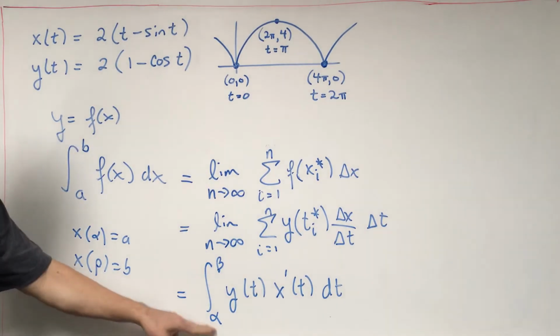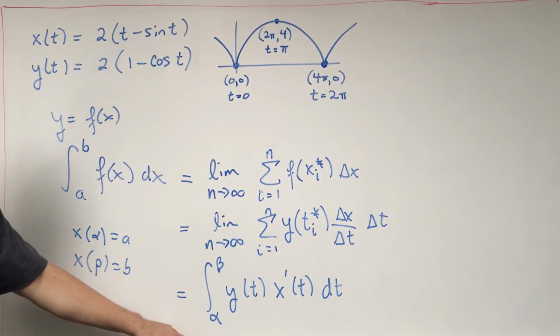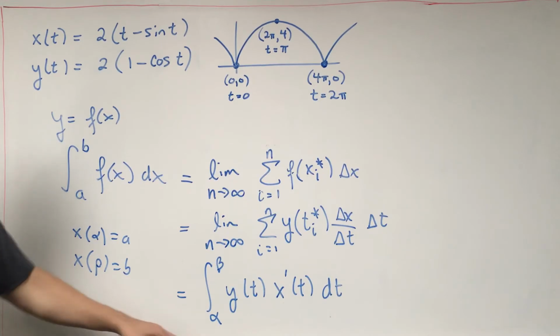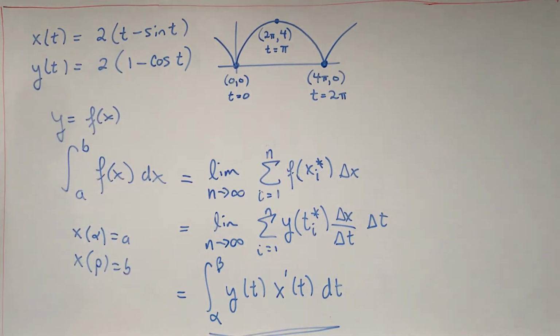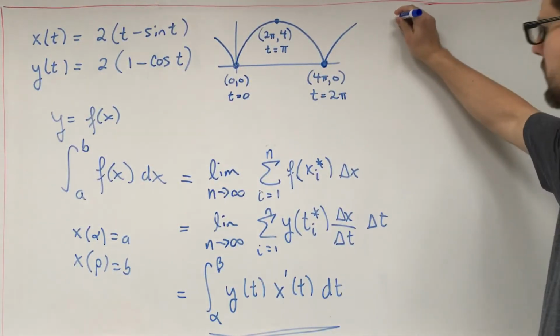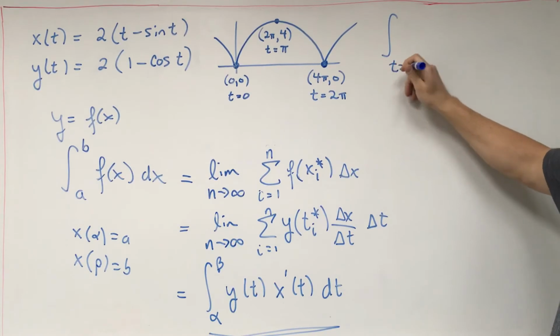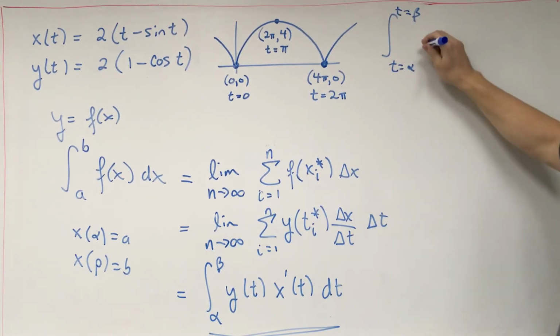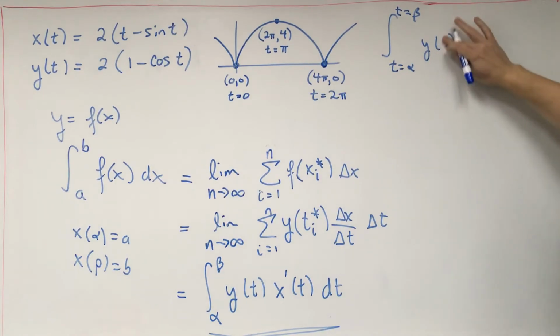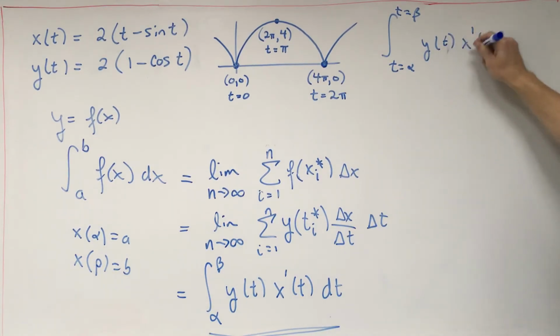This is an integral defined using t values. So now that we've got this formula here, let's go ahead and copy that down. And I'll go ahead and emphasize this: t equal alpha, t equal beta, y of t, x prime of t, dt.